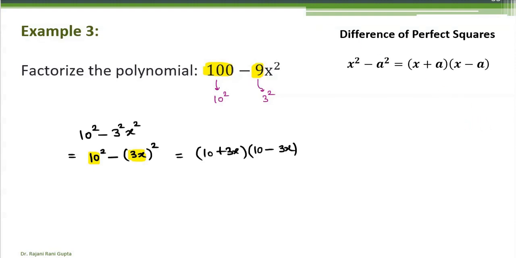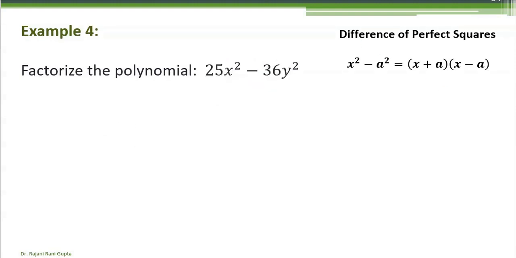Let's take another example. 25, yes, it is 5 power 2. x power 2 is originally in square form, no need to change. 36 is 6 power 2. y power 2 is in the same form, no need to change.